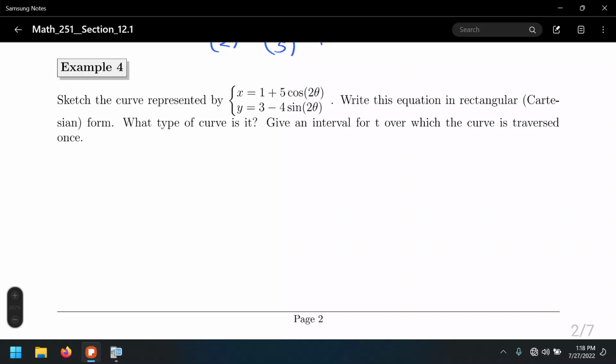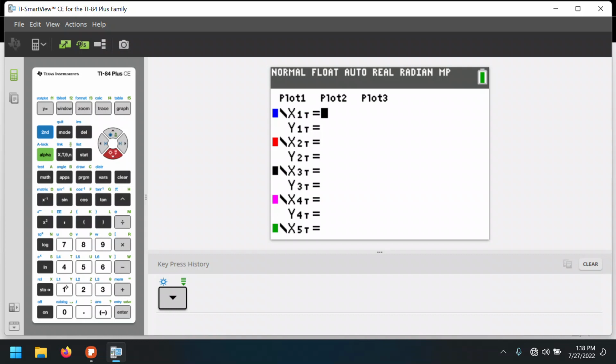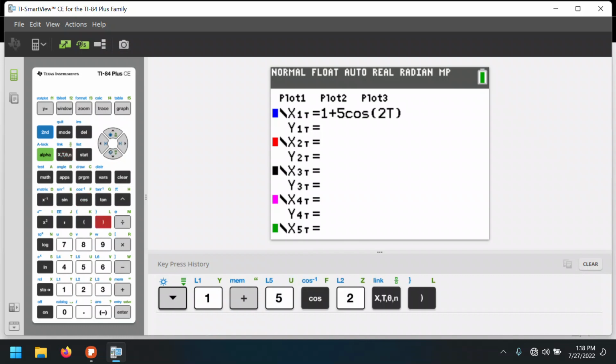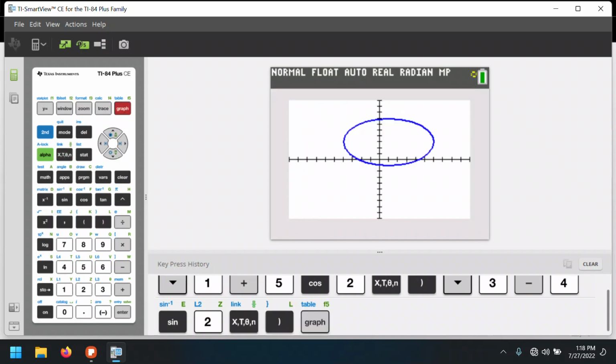So let's see. How about we just go to our graphing calculator and type our function 1 plus 5 cosine, and in this case be careful, it's 2 theta or 2t, and the second equation 3 minus 4 sine (2t), close parentheses, and let's see the graph.